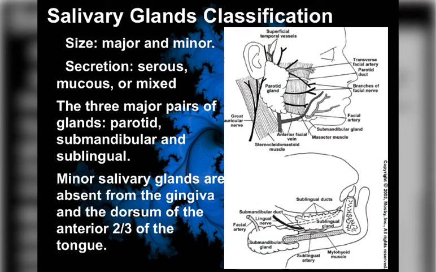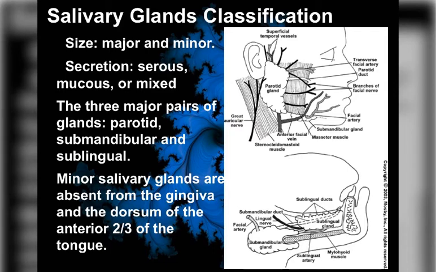Salivary glands are classified according to size into major and minor glands. We have three pairs of major salivary glands: parotid gland, submandibular gland, and sublingual gland.